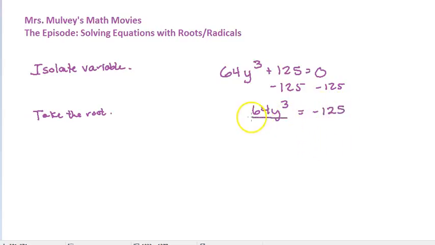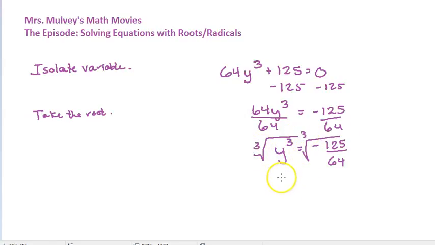Once I've done that, now I can divide by 64. And that negative 125 over 64 cannot, oops, not 24, 64, cannot be simplified. There's no common factor besides 1 of 125 and 64, so I just leave it alone. Now I'm going to take a cube root.